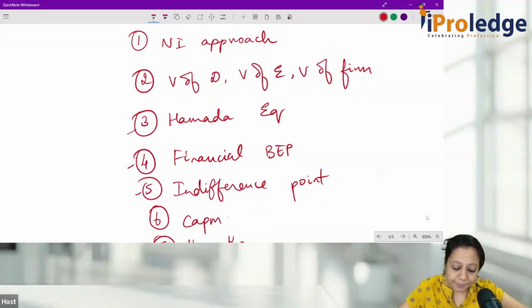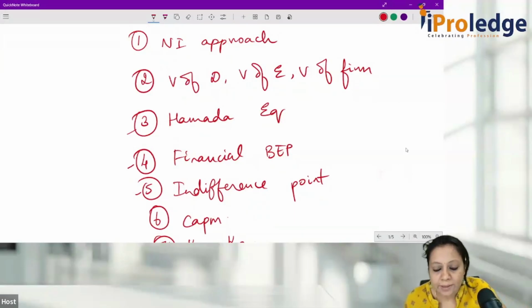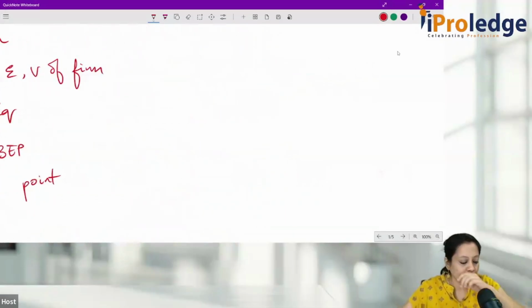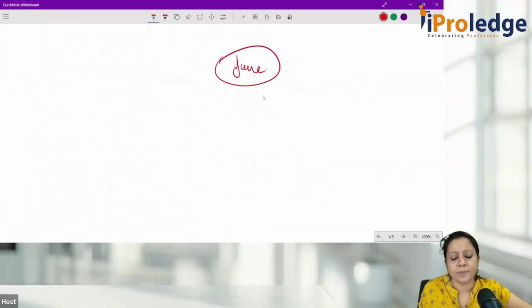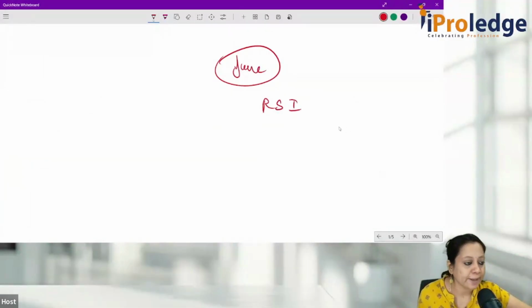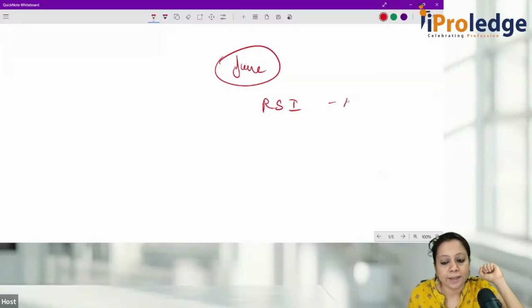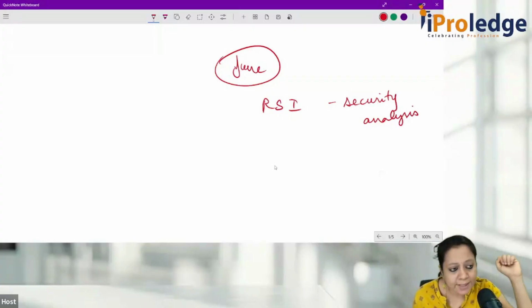And then we shall proceed. Now, it's not relating to capital structure, but what I would like to explain to you is that in June exams, RSI, the relative strength index, is frequently tested. It is from the security analysis chapter. Today, I will be solving one problem on that RSI, relative strength index.